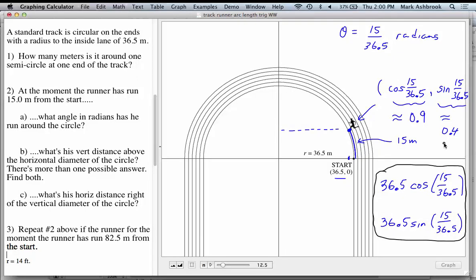Okay, so I want you to repeat number 2 for 82.5 meters, and I'm going to guess again where that is. Hopefully I'm in a good spot here.